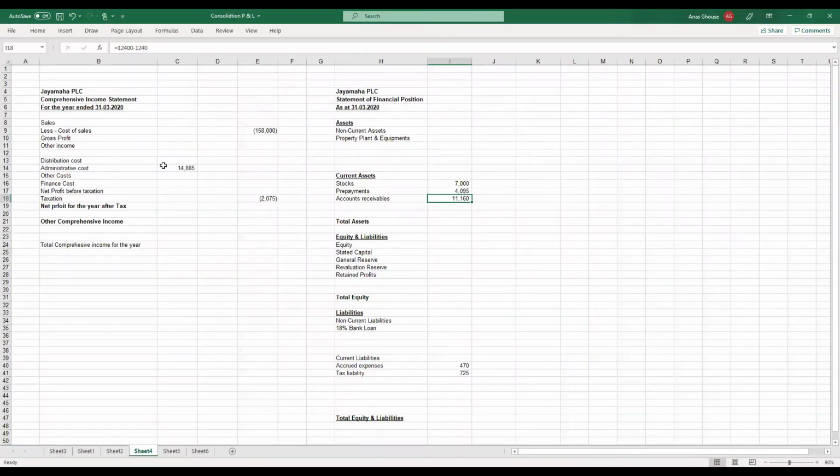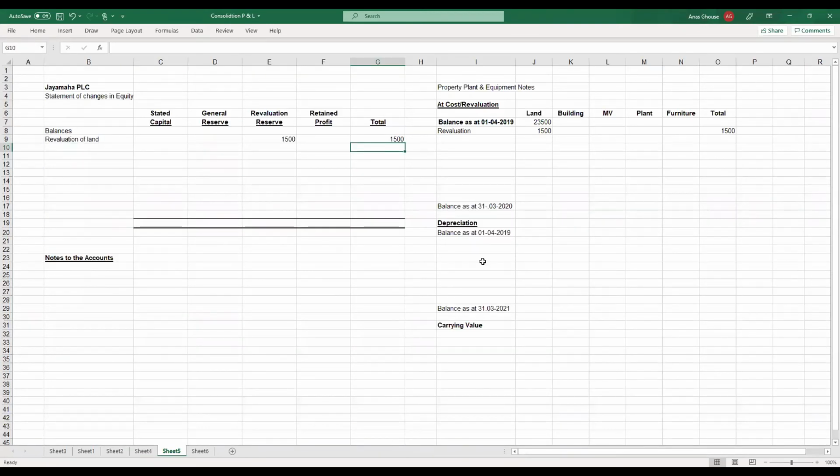So here you can take the administration cost as 25,810, and the distribution cost 17,040.